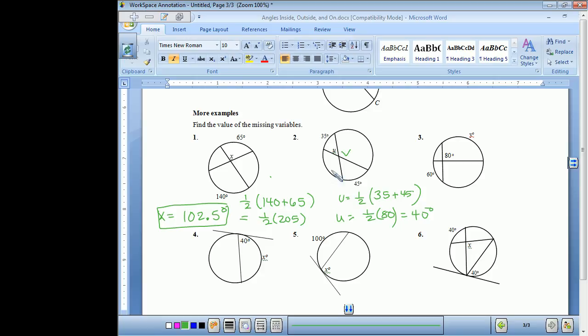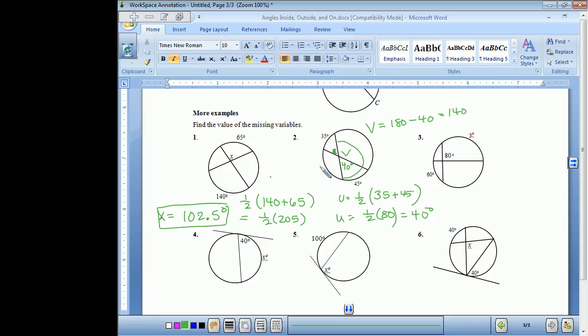Even if they didn't give you that, you'd have to find that this is 40, right? And then these two together make a straight line, don't they? So how could we find V? Subtract from 180. It would be 140. 180 minus 40 is 140. So they might give you this one, or they might give you a 2-stepper, where you have to find this and then subtract from 180 to get the other.